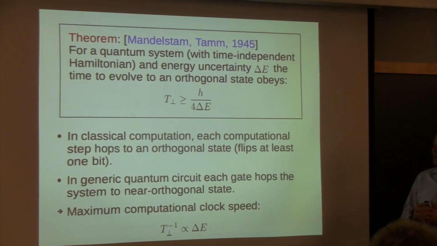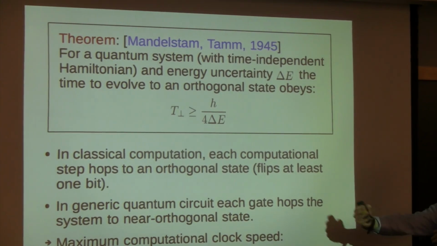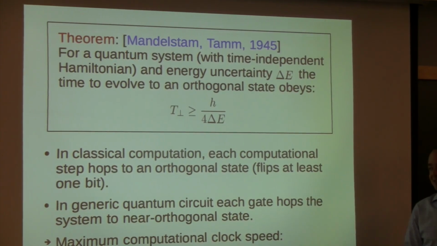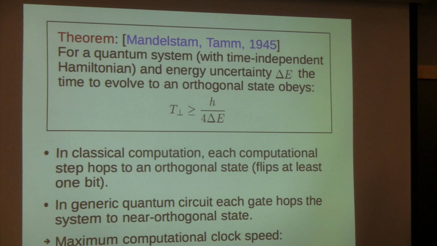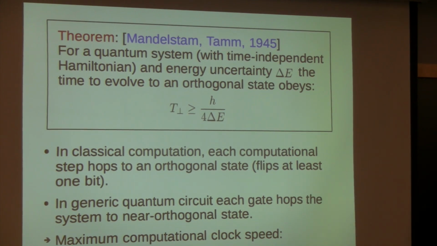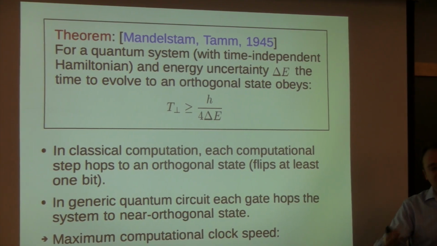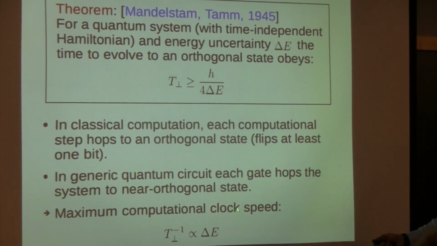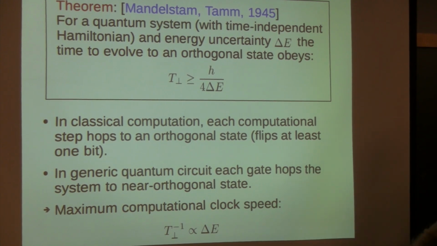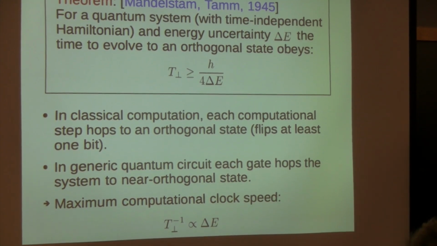So it stands to reason that if you want to do G logical operations and it takes this much time to flip a bit, then maybe it takes G times this much time. In classical computing, every time you apply a gate, you flip at least 1 bit, otherwise the gate was rather pointless. And in a generic quantum circuit, each time you apply a gate, you're hopping to a near orthogonal state. So it seems pretty plausible, maximum clock speed being proportional to delta E.